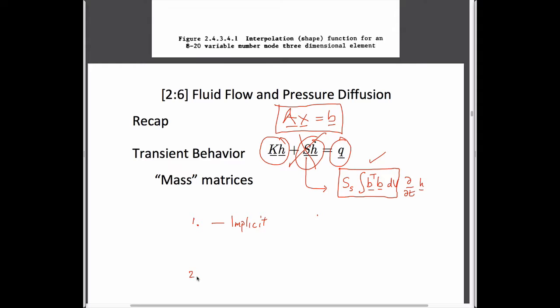We can talk about a second method which is explicit. And we can talk about one, I'm getting cramp in my hand, which is part way between. And we'll talk about Crank-Nicholson.